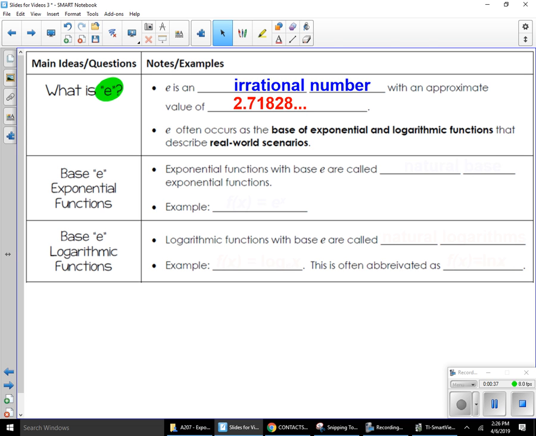The reason e is important is it usually shows up in the base of real-world scenarios. We'll see this as the base of both exponential and logarithmic functions. We looked at an interest problem, and that was a bit contrived. But the real model that shows up a ton is population modeling.